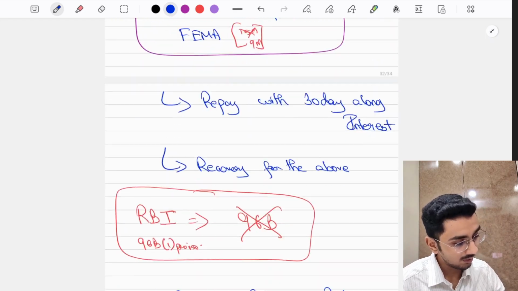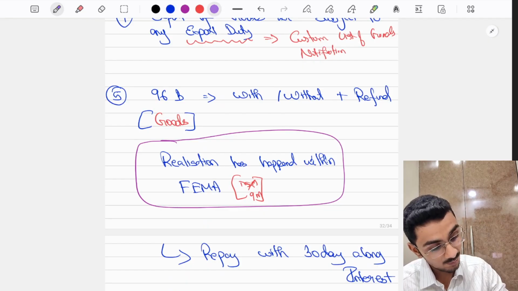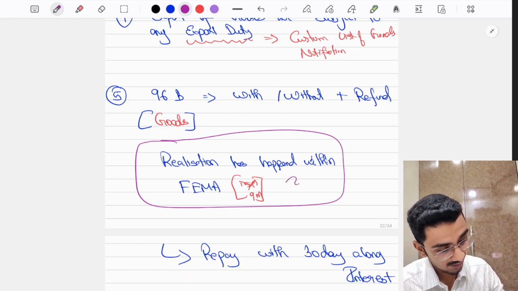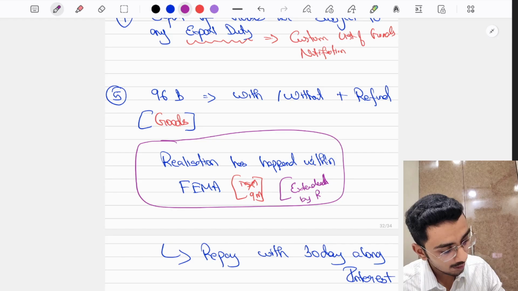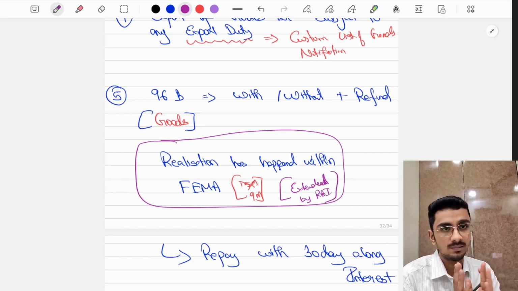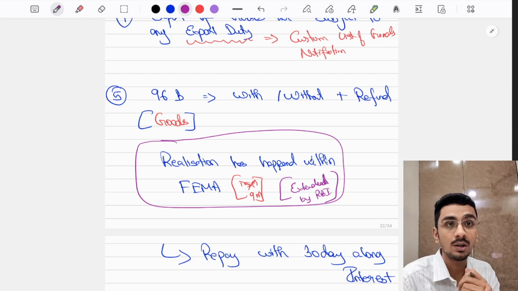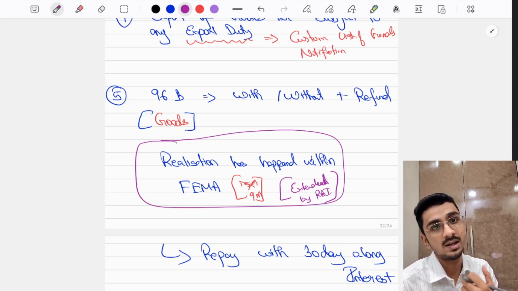Also, there is one more condition attached: the period can be extended by RBI. How it works, I am not aware. Honestly, I have not done it practically, so I don't know the process of getting an extension from RBI.